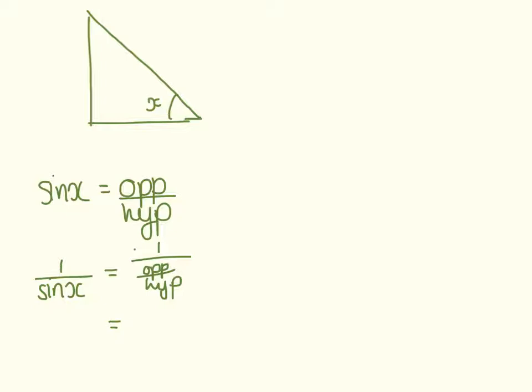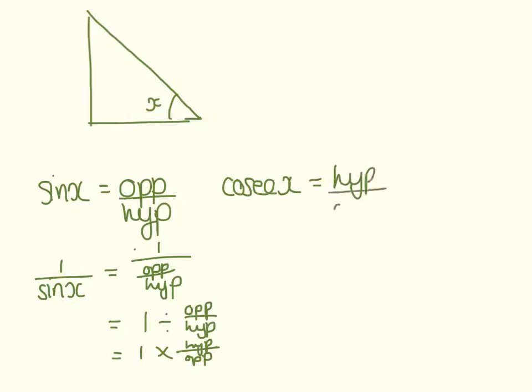And we know with fractions that when we reciprocate them, we're going to flip them upside down because we're doing 1 over the fraction. So that ends up being 1 divided by opposite over hypotenuse, which is the same as 1 times the hypotenuse over the opposite. So cosec x, the reciprocal graph of sine x, is the relationship between the hypotenuse and the opposite. Still the relationship between the hypotenuse and the opposite, but it's now in reverse, it's been reciprocated.